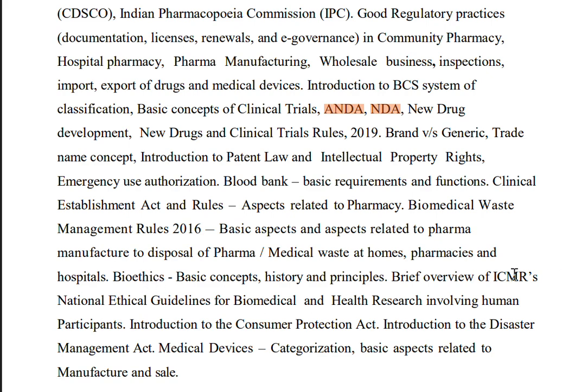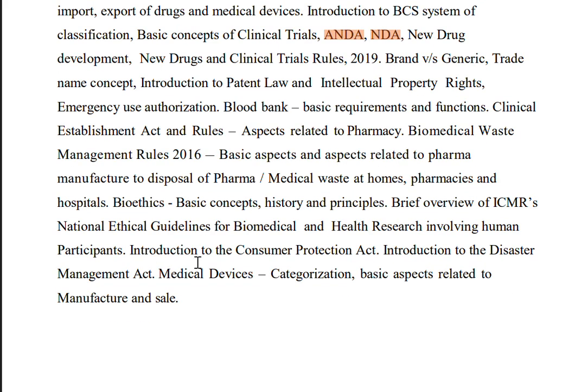A brief overview of ICMR and national ethical guidelines for biomedical and health research involving human participants. And the last topic is the introduction to the Consumer Protection Act. In that, we have to focus on the Disaster Management Act, medical devices categorization: high risk, low risk, moderate risk. Like that, there are different classifications of medical devices. We have to read these medical devices at a superficial level only.